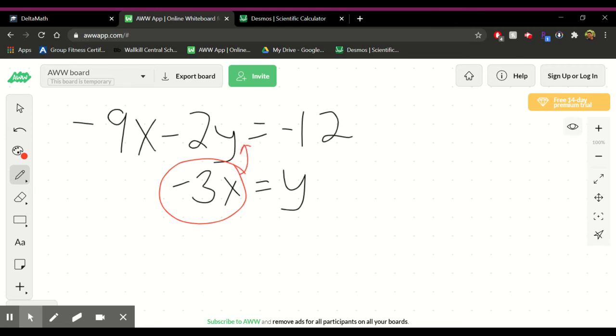So I'm going to take this and plug it in for the y into the top equation. So over here, I'm just going to do a nice little divider. You have negative 9x minus 2 times negative 3x. Oh, lots of negatives. Equals negative 12.